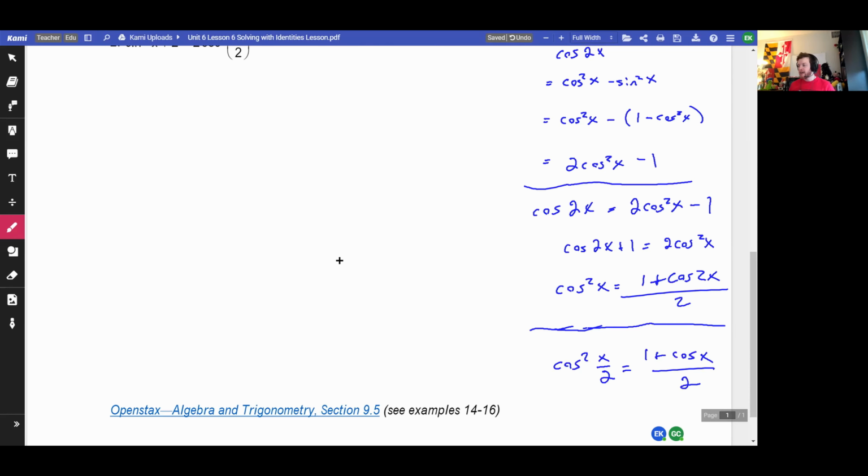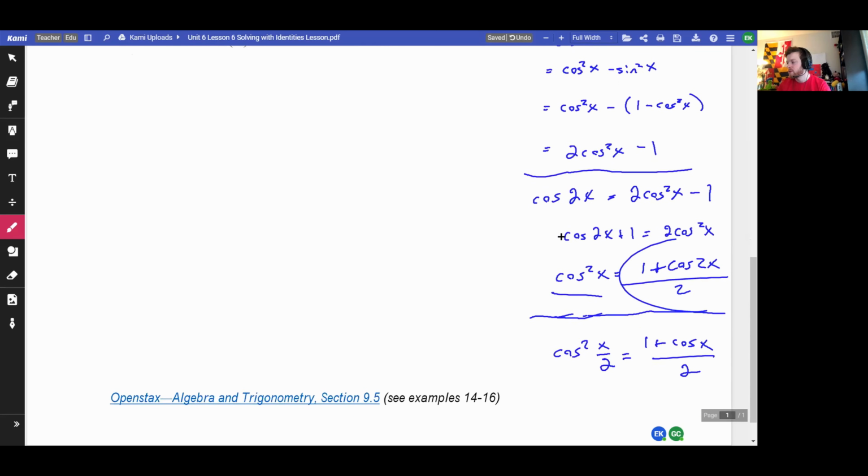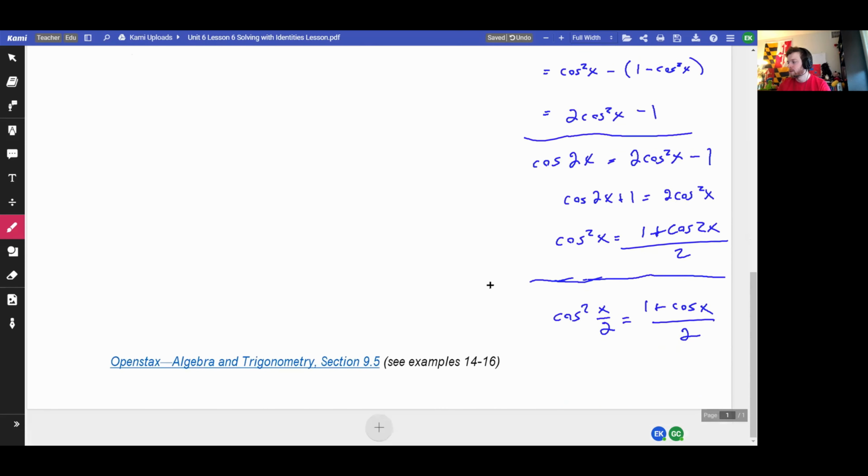Boom. And in the last video, we talked about the reduction formulas, where you take a square trig function and turn it into a not square trig function. Those are useful formulas, especially when you get to a unit in calculus that deals with polar coordinates. I'm not going to get into that right now.